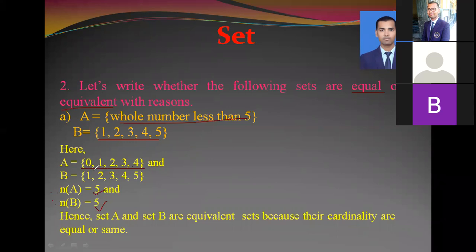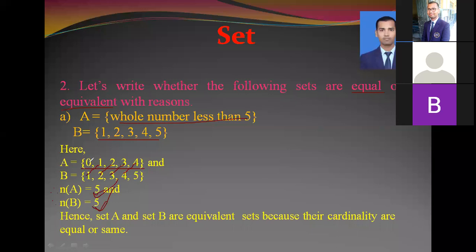After matching the cardinality, as both have the same cardinality, we then need to match their elements. We can match 1 to 1, 2 to 2, 3 to 3, 4 to 4, but in set A there is no 5 and in set B there is no 0.